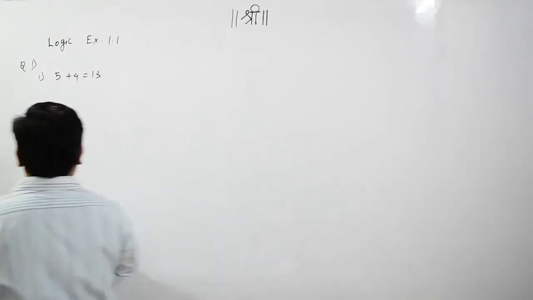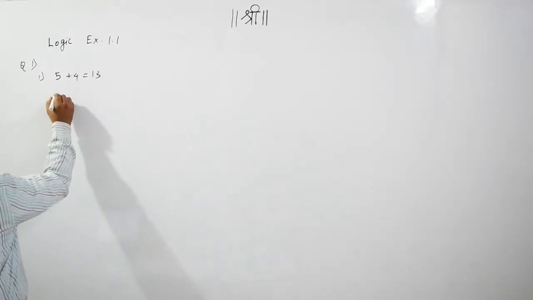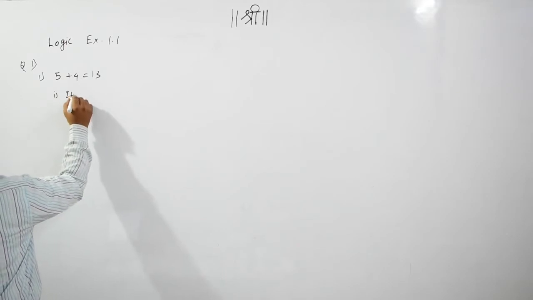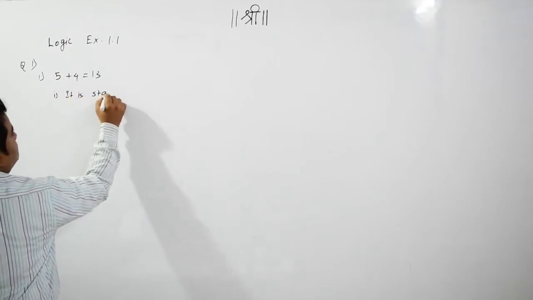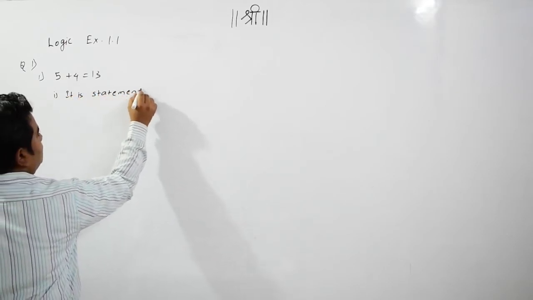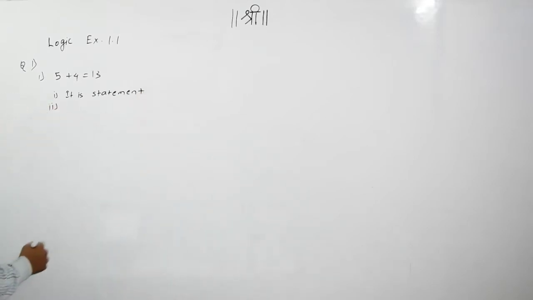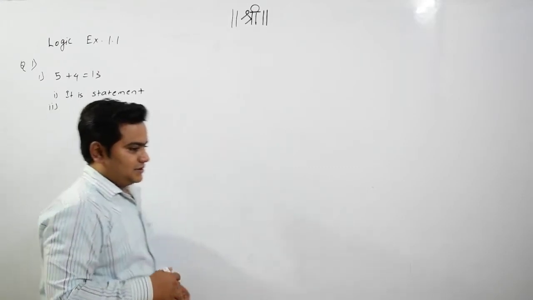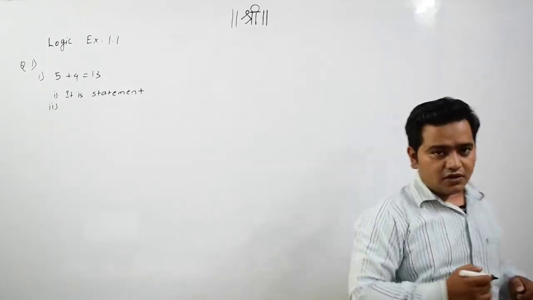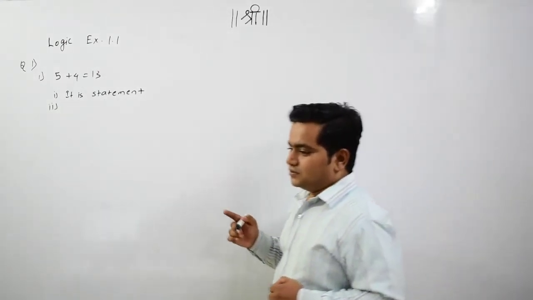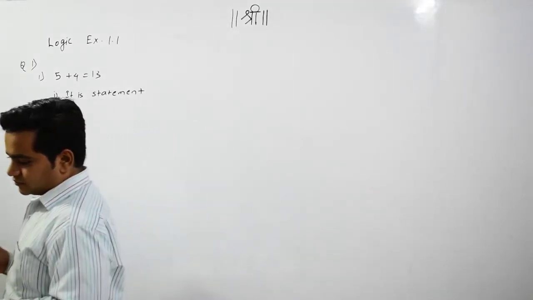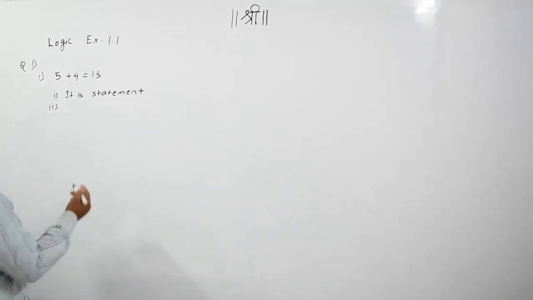Yes, it is a statement. So what do we need to write? First point, it is a statement. Now what is our next point? What have they told us to find out? They asked us to find out whether it is true or false. What is its truth value? So we need to justify.